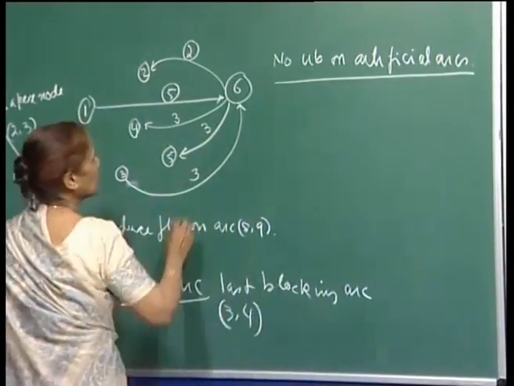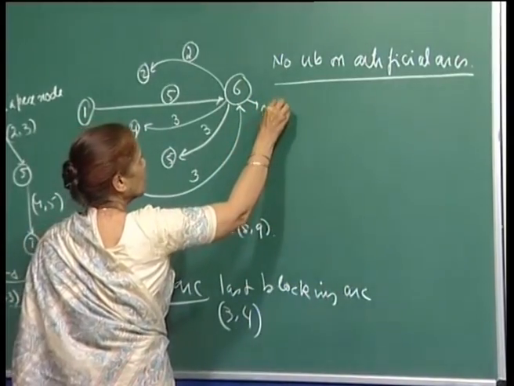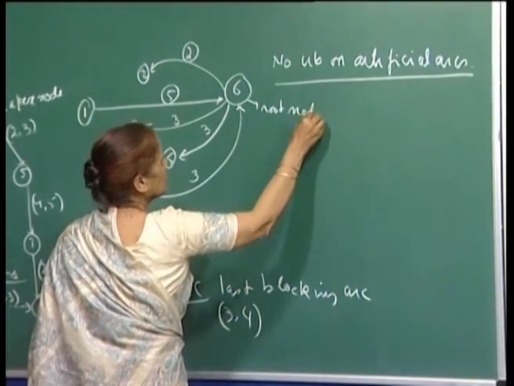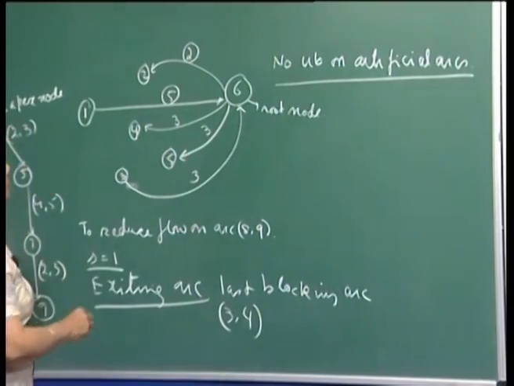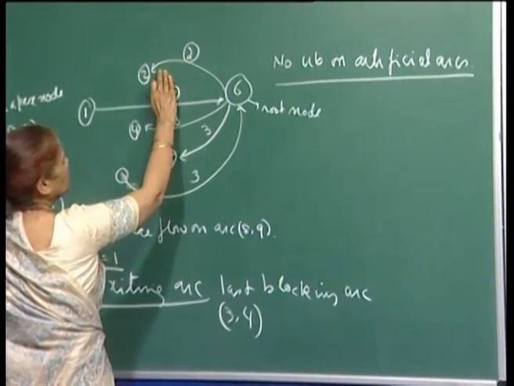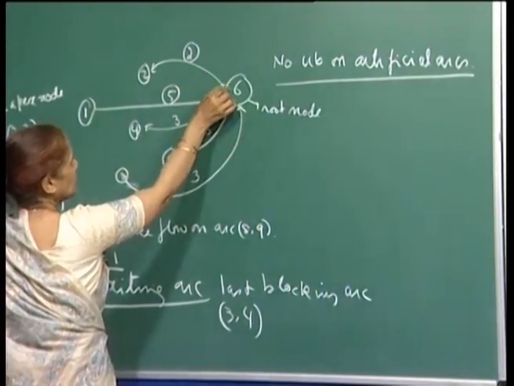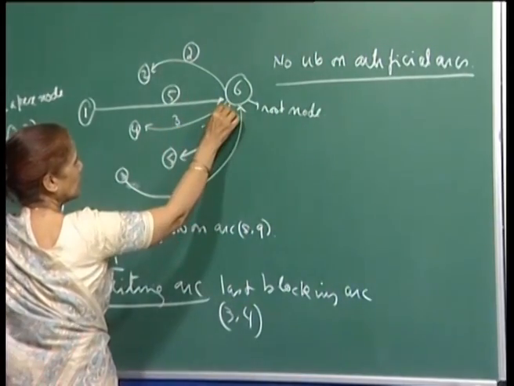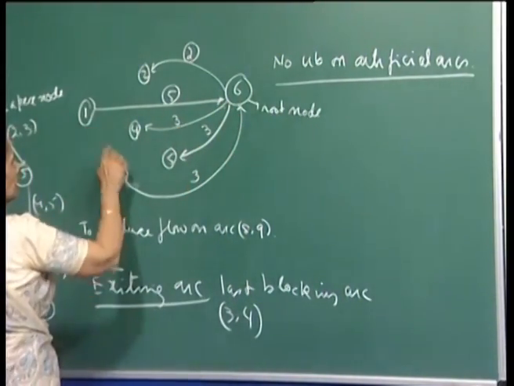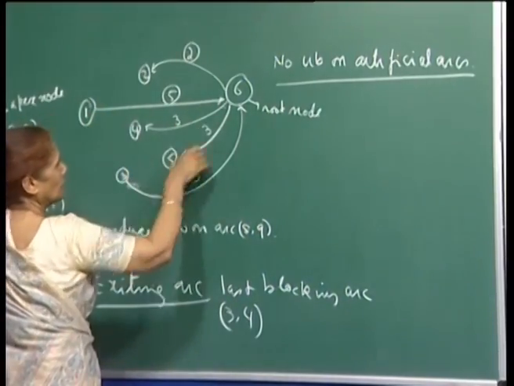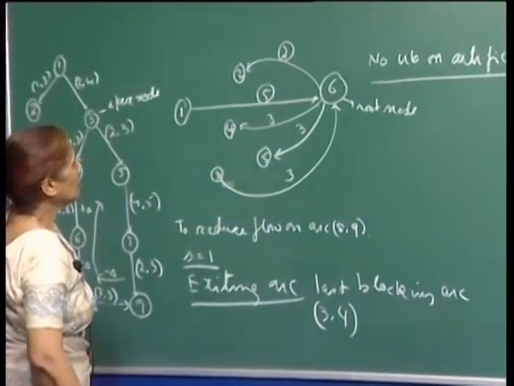So, therefore, you see that this will be my root node in this case. Then you see there is 2 units of flow. So, I can decrease the flow on all these arcs, and on all these arcs I can increase the flow.